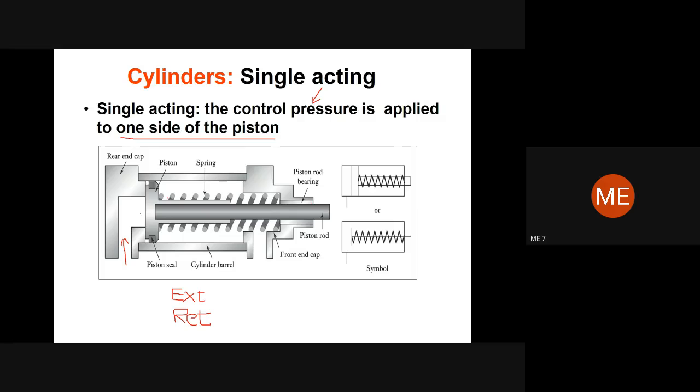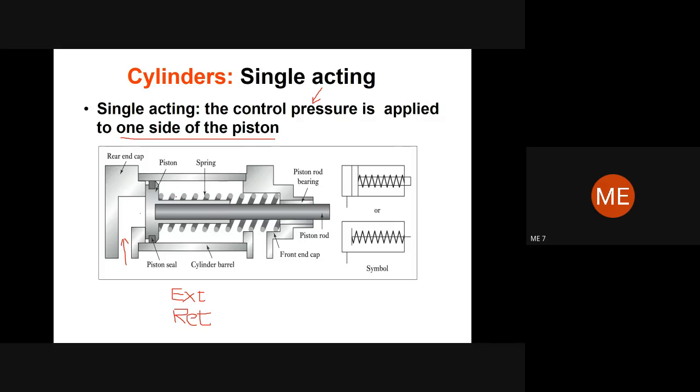And in the extension, the springs are going to get compressed. Okay, and for the retraction, I need not apply any force. I think you can understand. For the retraction of the piston back to this position, I need not apply any force because the compressed spring has stored energy.